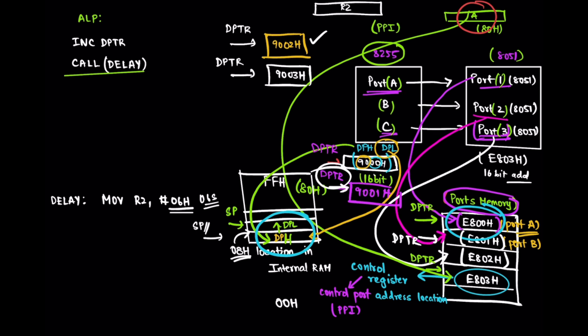Now my DPTR is pointing to 9003H. So there is DPL and DPH here. I'm going to move this DPL into A. So I'm going to write MOV A, DPL. Now I'm going to use the instruction CJNE, which means compare and jump if not equal. What I'm going to compare? I'm going to compare the accumulator value with 01H.